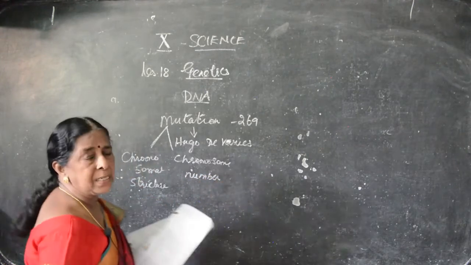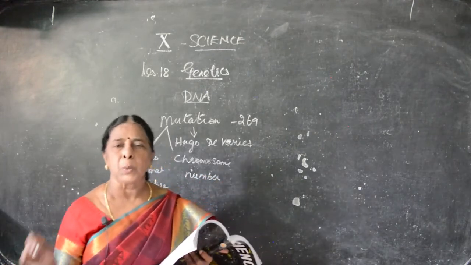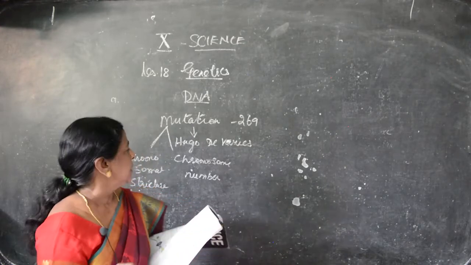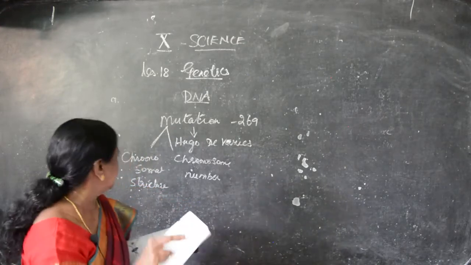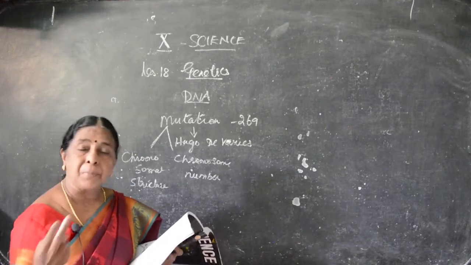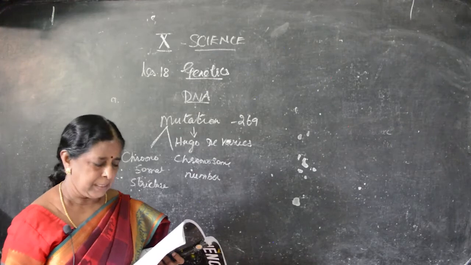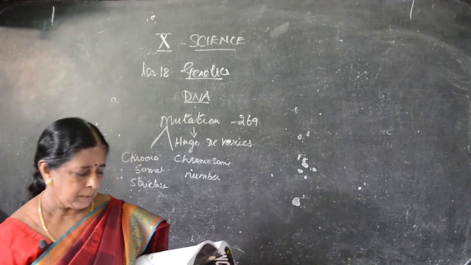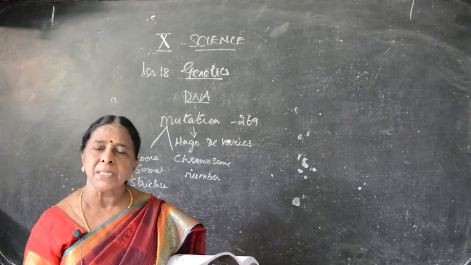What is mutation? A sudden change in the genetic material, the chromosome, is known as mutation. So there are two kinds of mutation. One is structural, where there is a structure change in the chromosome, or else the number of chromosomes may be increased or decreased. So this is the sudden change in the structure of the chromosome.